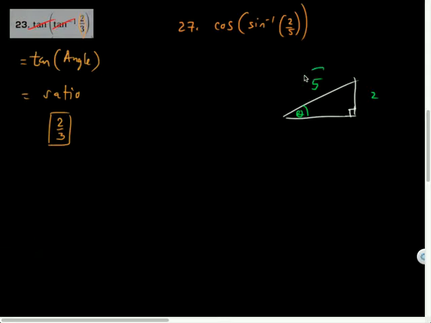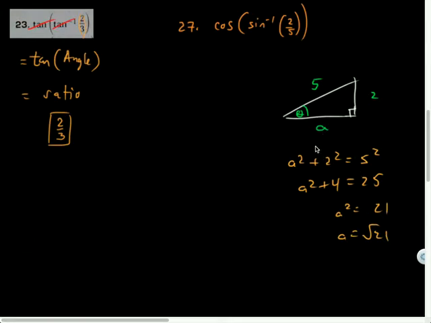Well, I could use Pythagorean theorem. This adjacent squared plus 2 squared equals 5 squared. And I get a squared plus 4 equals 25. A squared equals 21. And then a equals the square root of 21. Technically plus or minus, but I'm only concerned with the positive since this is a geometric concept.